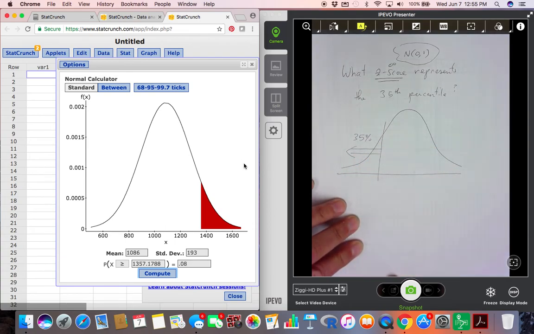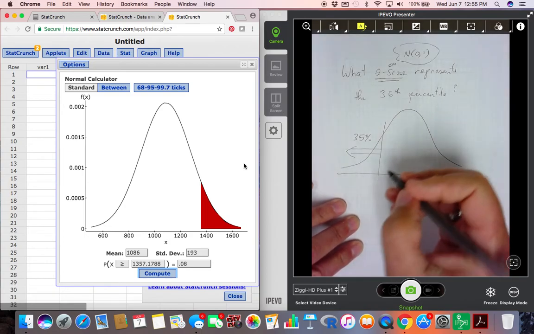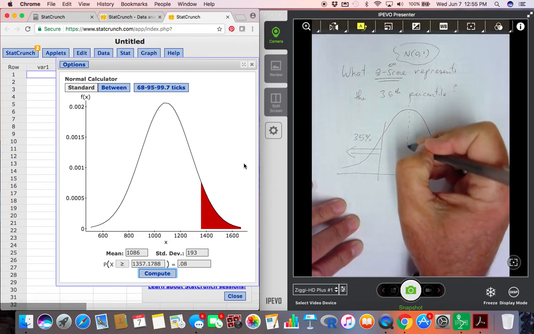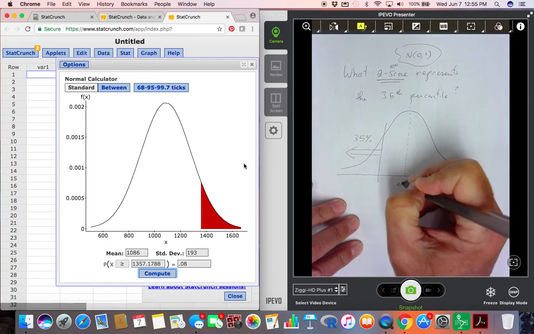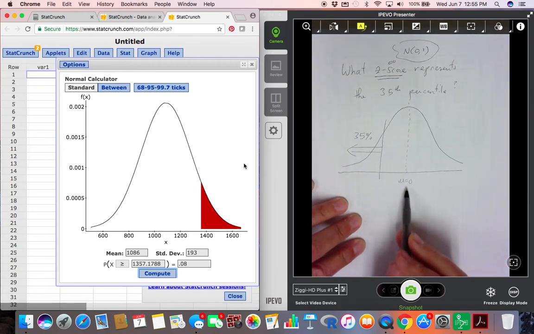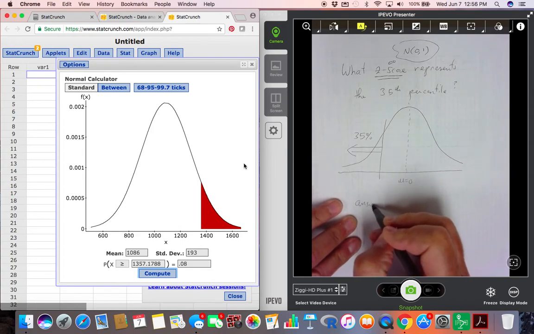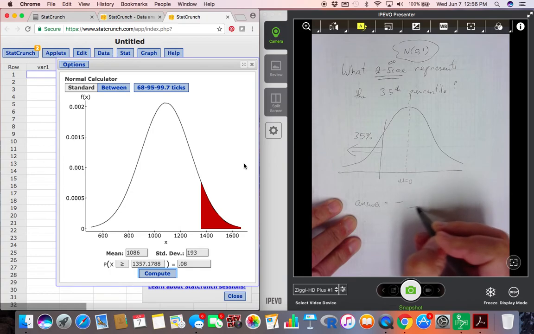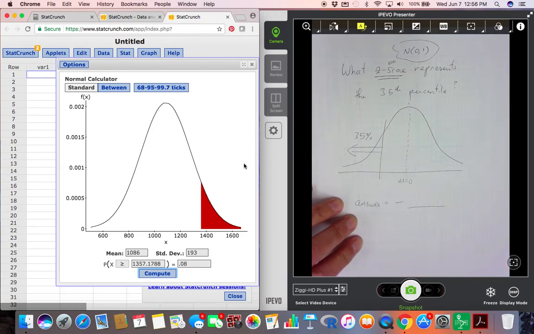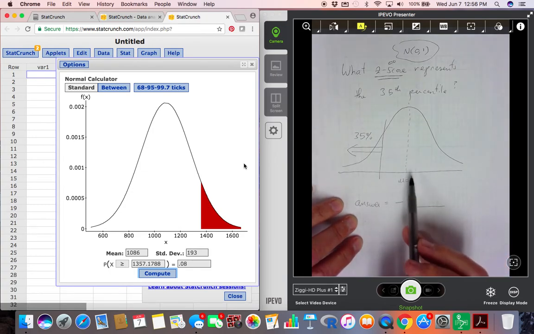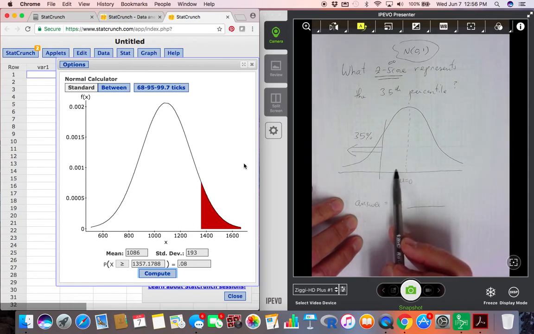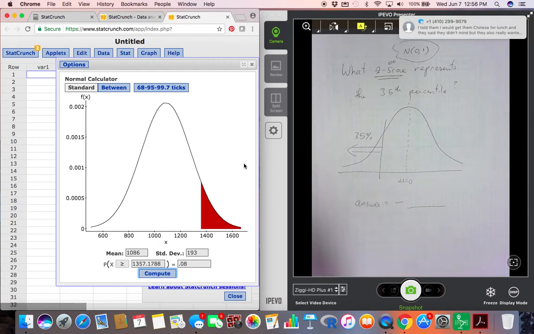So I know the 35th percentile is going to be about right there someplace, with 35% of the scores below. And because I'm looking at z-scores that has a mean equal to 0, I know anything to the left is negative. So I know my answer must be negative something. Again, 50th percentile, 40th, 30th, 35th, anything to the left of the mean has to have a negative value.